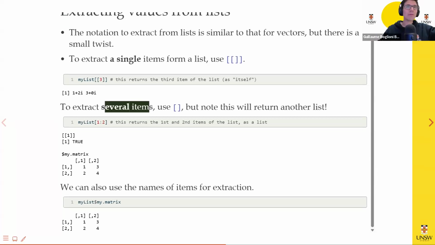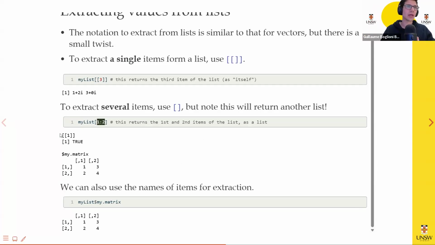If you want to extract several items from the list, then you use the regular single brackets. But careful, because when you extract several elements from the list, the result will be another list. Well, yes, because you still have many of them. Like this is not a list because it's only one item from the list. But if I type myList, and again, only one bracket, 1, 2, well, this is the first 2 elements of my list, but it's still a list because there's still 2 of them.